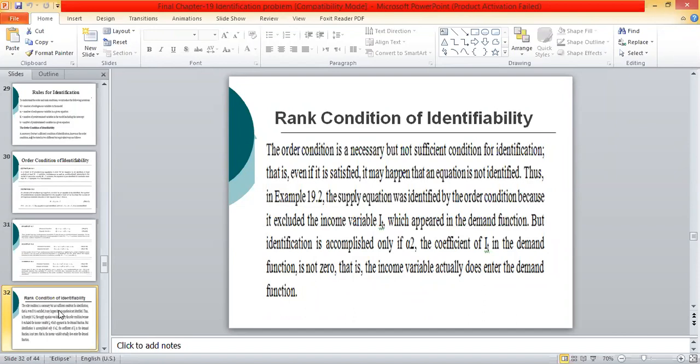Under these situations, we may not be able to estimate the structural parameters from the reduced form coefficients. So we need both necessary and sufficient conditions for identification, and this is provided by the rank condition of identification. First we look at the definition of the rank condition of identification.